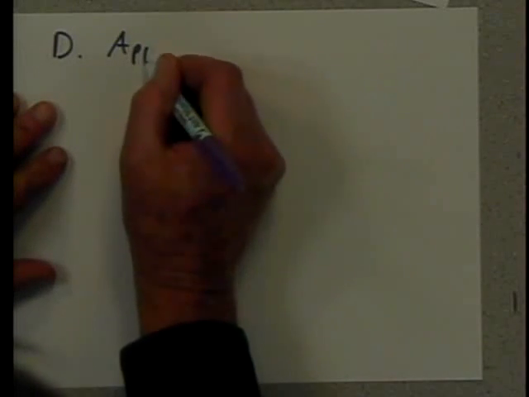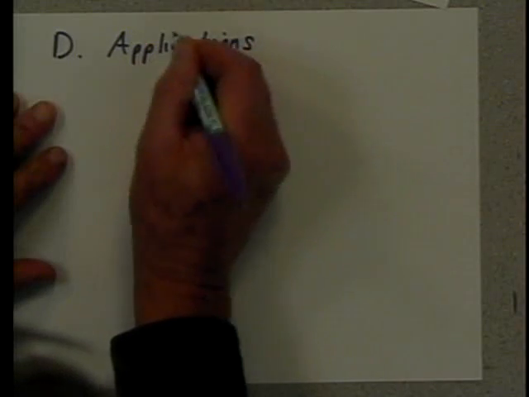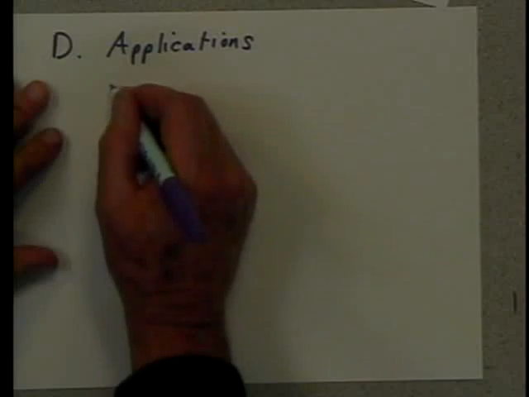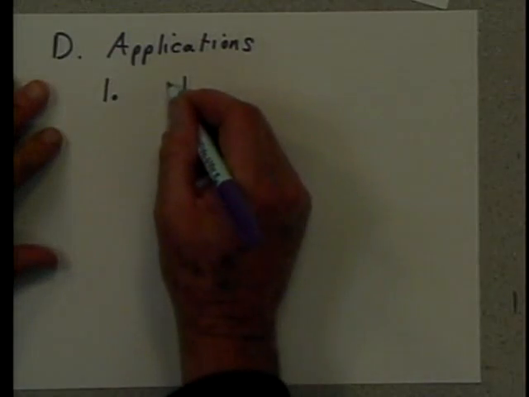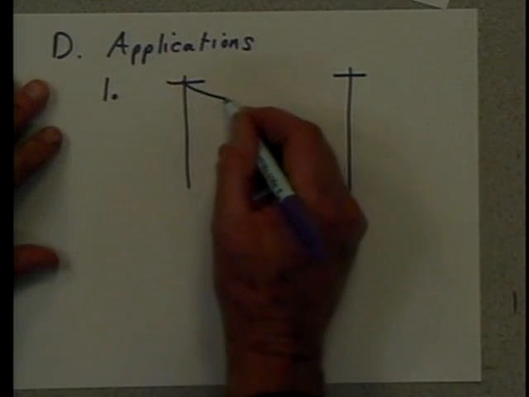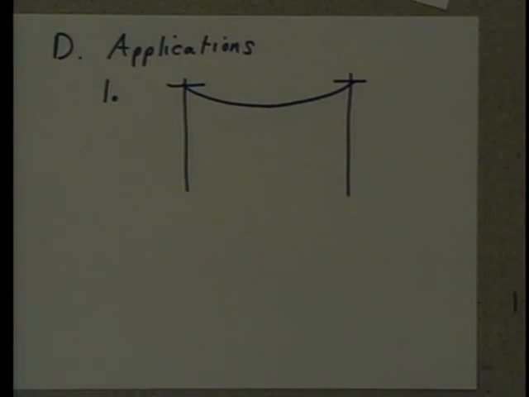Okay, the next item is D, and that is applications. And for that, we're going to go to the computer and see what it tells us. But one of them I want to mention, which is also on there, is you have a couple of telephone poles and you hang a wire between them, and that's kind of the origin of the name catenary.